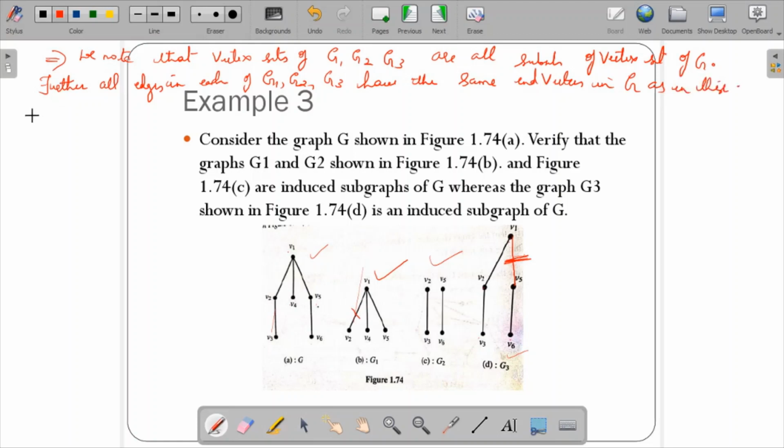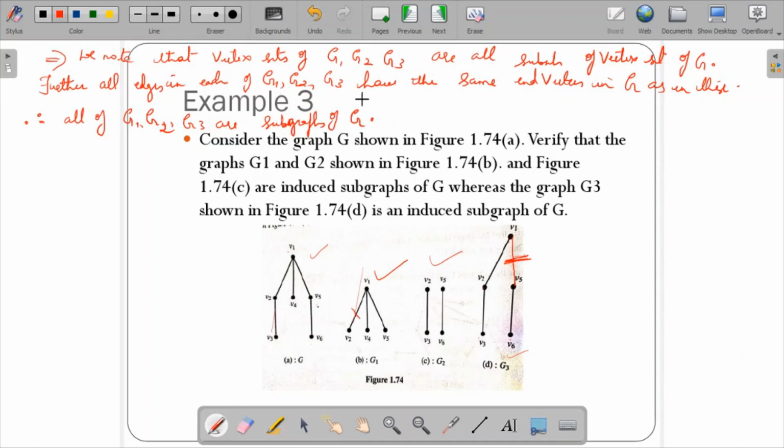Therefore all of G1, G2, G3 are subgraphs of G. Okay. Therefore, we came to know they are subgraphs.